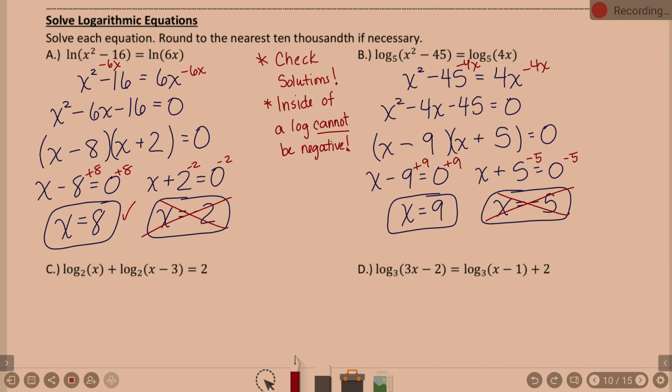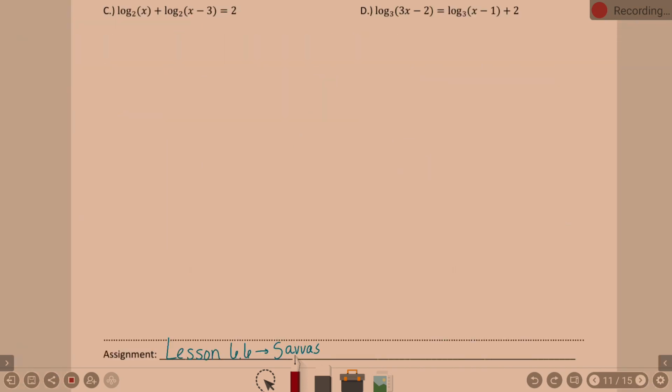We got the idea if there's logs on both sides, yes? As we look at C, and D for that matter, there's 2 logs. And what else?